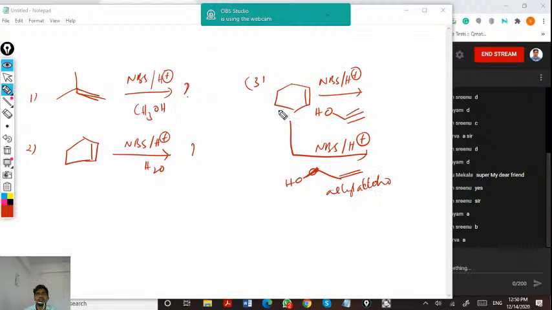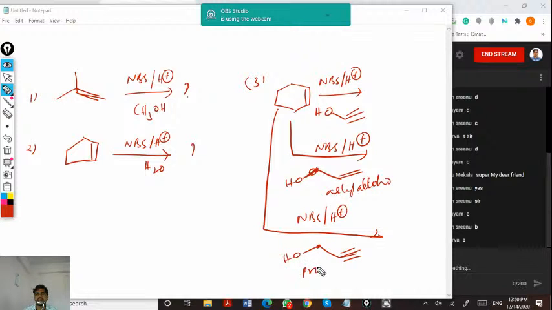And the same three carbons with a triple bond system is propargyl, so it is propargyl alcohol. Whatever may be the alcohol, what could be the product?